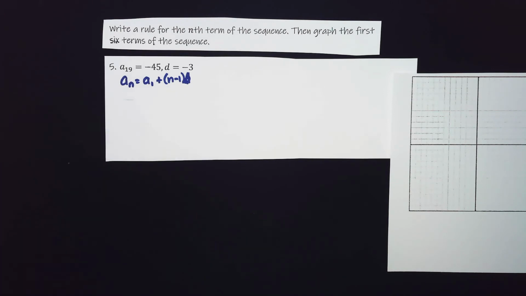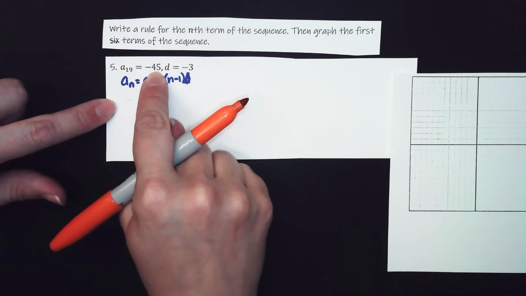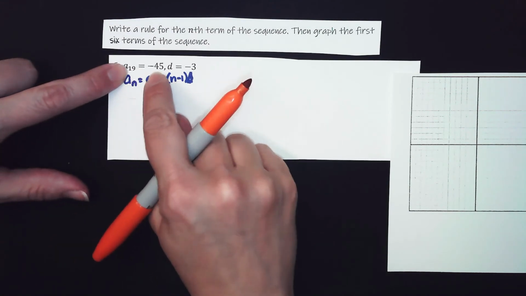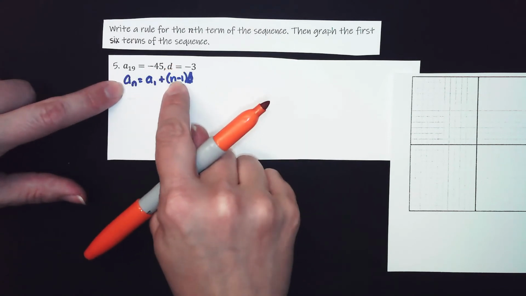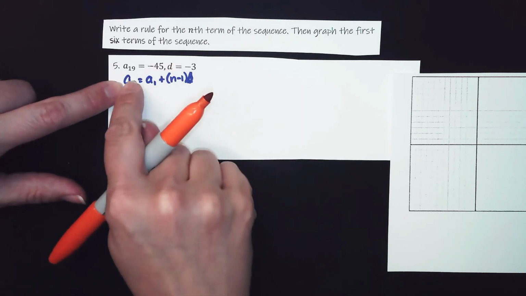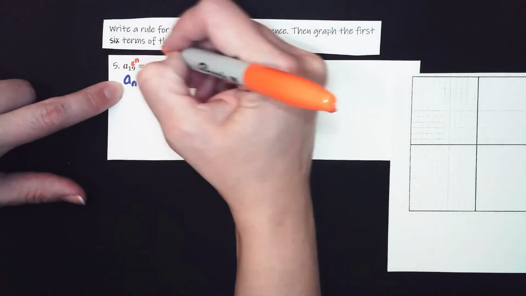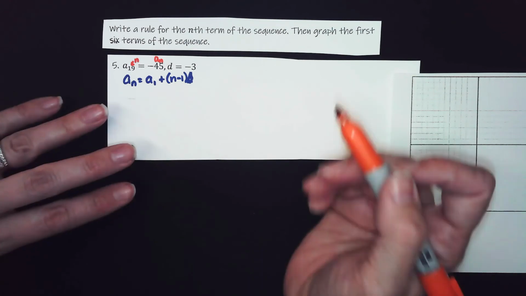So I'm going to use this A sub 19 equals -45. When I'm on term 19, AN will be -45. So I'm going to plug that in. When N is 19, AN is -45. Think of this as N, and this is AN. I'm just going to use this to help me find A1.